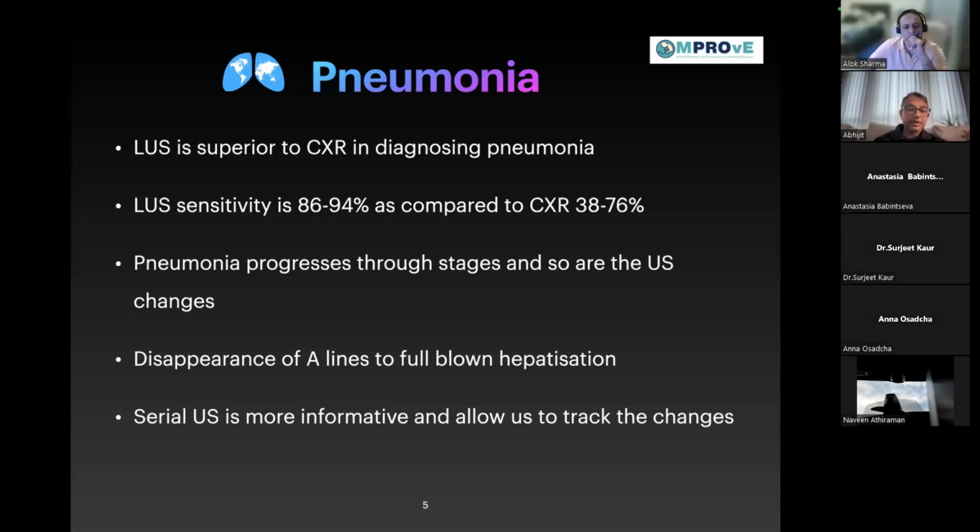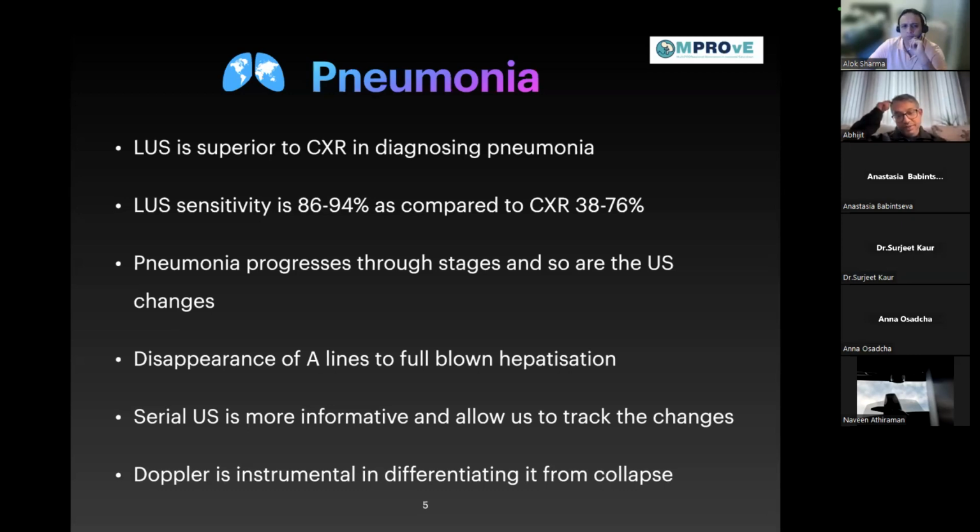Serial ultrasound is more informative, and Doppler is quite instrumental in differentiating it from collapse. We will see that when we discuss the slides with pneumonia. Doppler is a trick up the sleeve which we can use when we are trying to differentiate the collapse, which can happen in a number of neonatal pathologies: the ET tube too far down, or a malpositioned or blocked ET tube, leading to the collapse of some part or some segment of the lung.